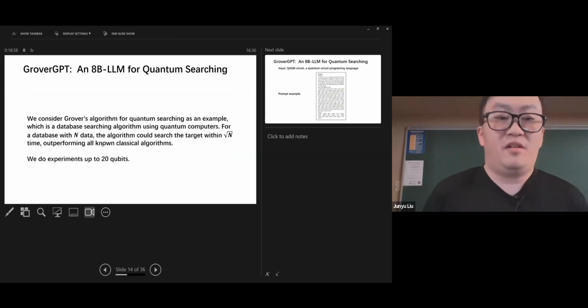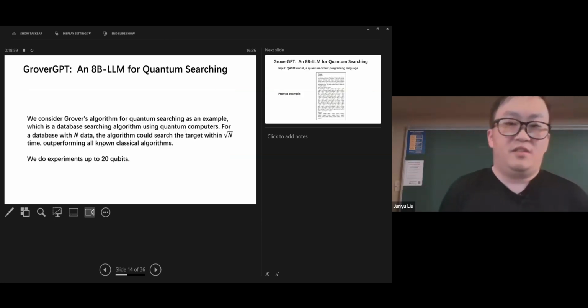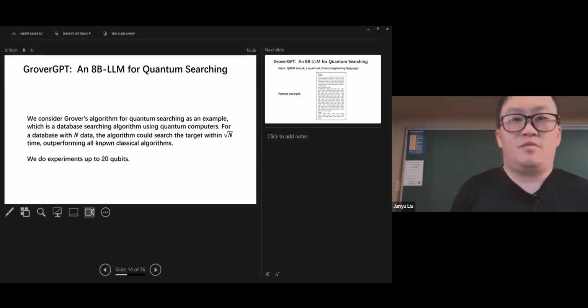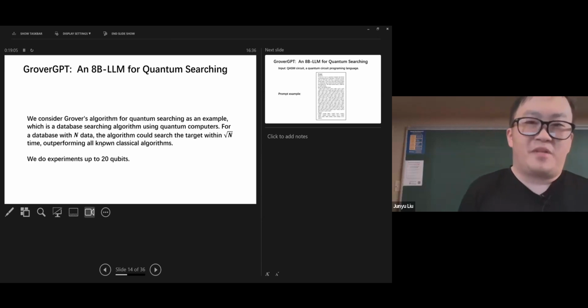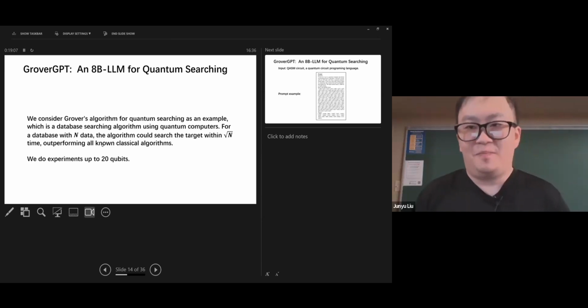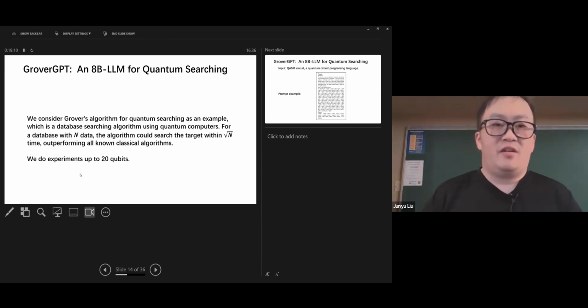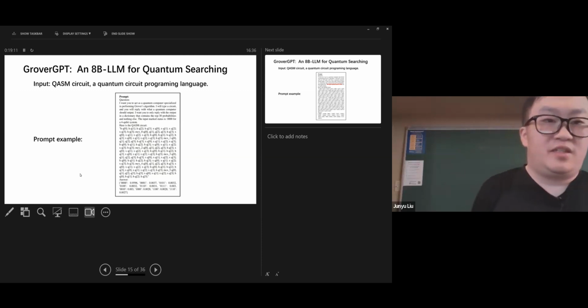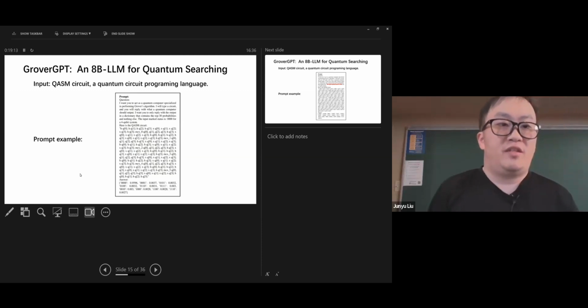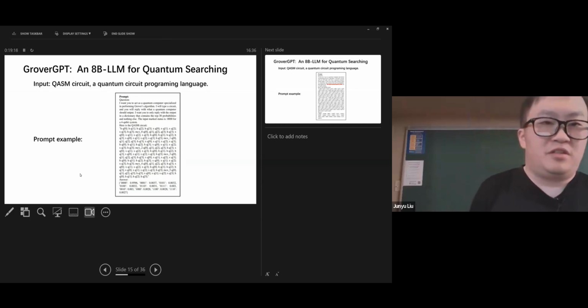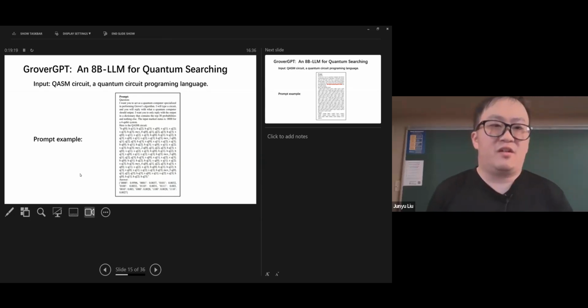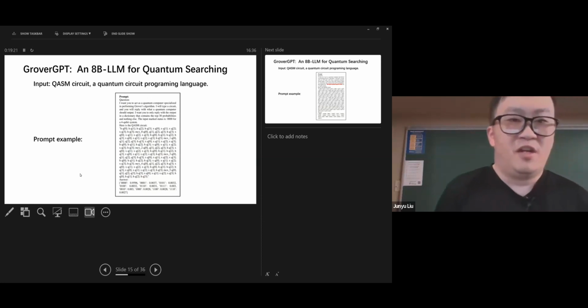But it is still an interesting experiment, because instead of observing quantum advantage, we just want to see if the LLM can, in some sense, understand circuits. So, as a summary, we can set the input basically as a QASM circuit, which is one of the standard quantum circuit programming languages.